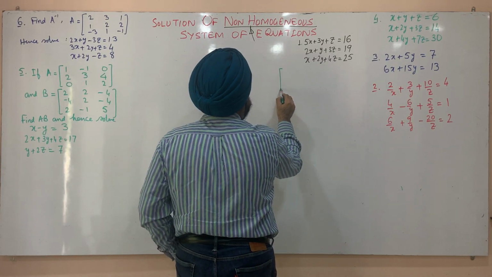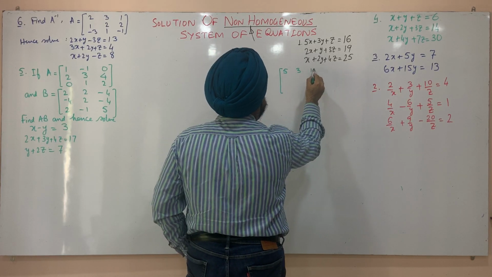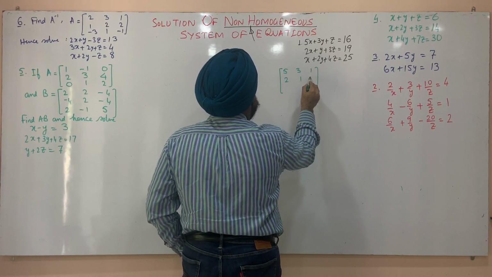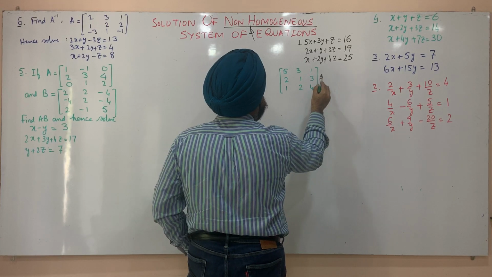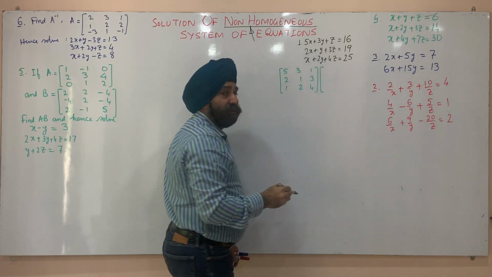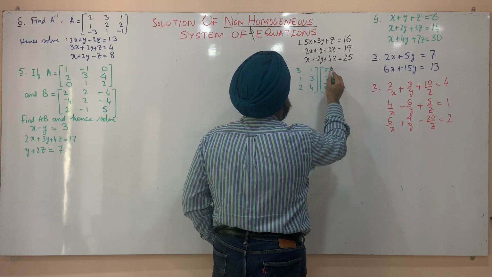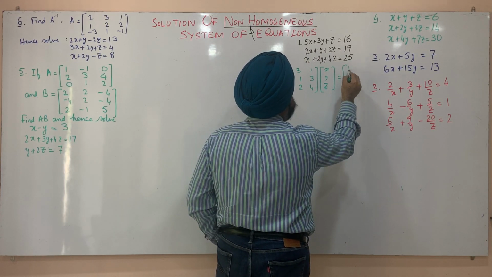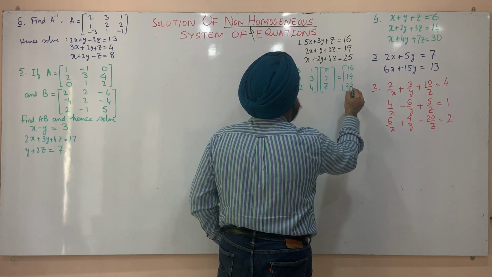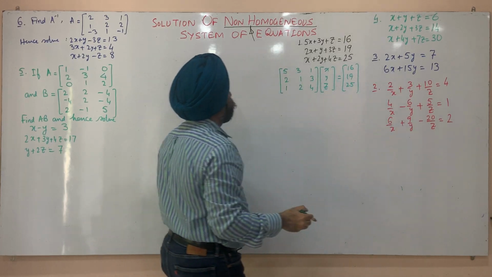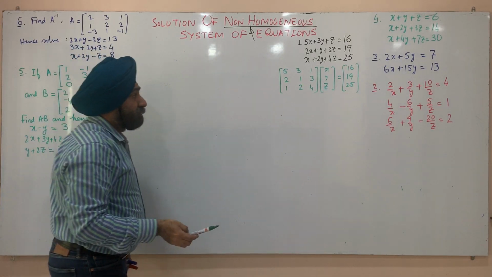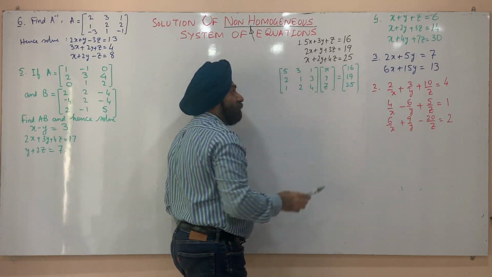So let's write this as 5, 3, 1, then 2, 1, 3, 1, 2, 4, and the second matrix containing unknowns x, y and z, equal to 16, 19 and 25. Obviously this is non-homogeneous since these entries are not all zeros.